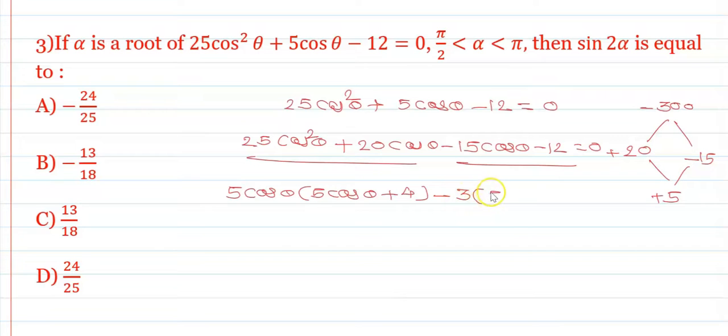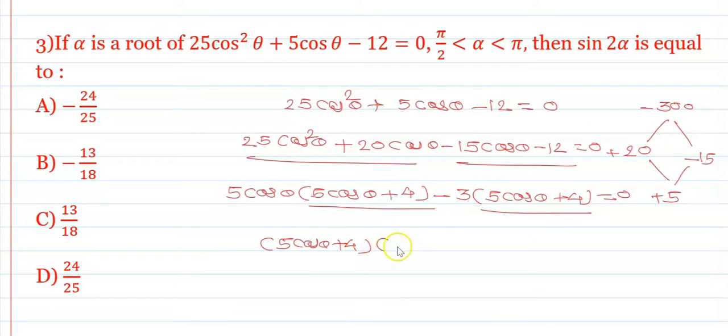Then in the bracket you will get 5 cos theta plus 4, bracket complete, and that's equals to 0. Therefore 5 cos theta plus 4 in the first bracket, and in the second bracket 5 cos theta minus 3, and this equals to 0.